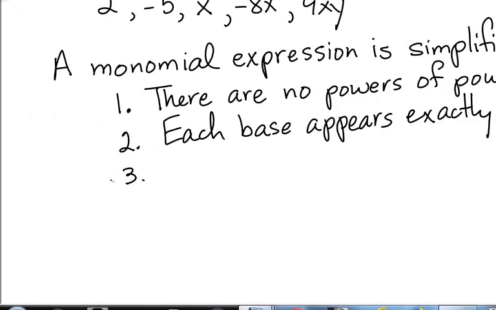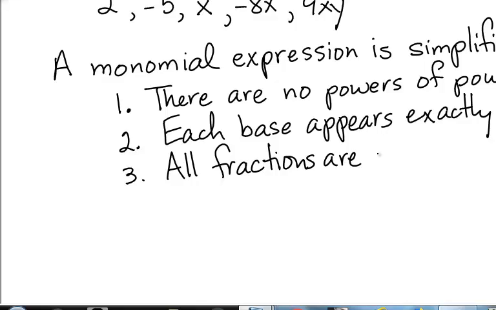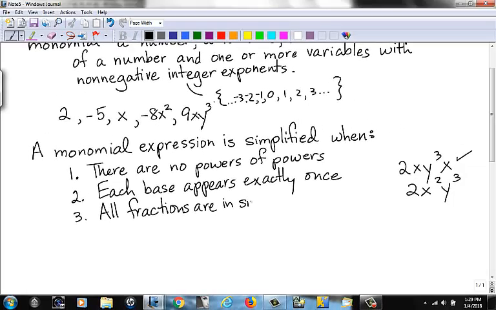The third one, all fractions are in simplest form. And those of you that are new to my class this semester, we reduce all fractions. National Reduced Fractions Day was last August. Okay, all fractions are in simplest form.